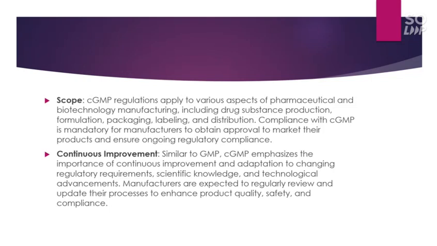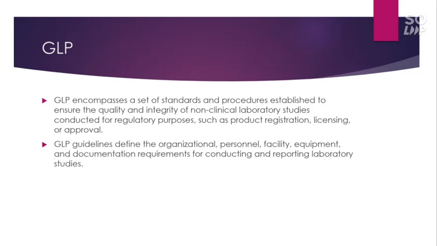Continuous improvement, similar to GMP, cGMP emphasizes the importance of continuous improvement and adaptation to changing regulatory requirements, scientific knowledge, and technological advancements. Manufacturers are expected to regularly review and update their processes to enhance product quality, safety, and compliance. Next one is GLP, which is Good Laboratory Practices.